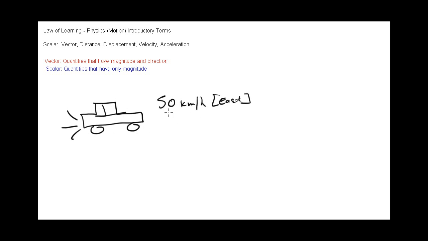Now, I want you to look at what I've written as 50 kilometers per hour east. This can be divided into two sections. The first section, let me just change color to show you, the blue part, is the scalar part of this statement. The scalar part would be this 50, because this is telling you the magnitude of how fast the car is traveling.